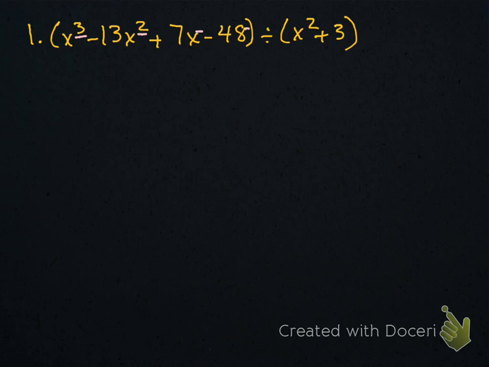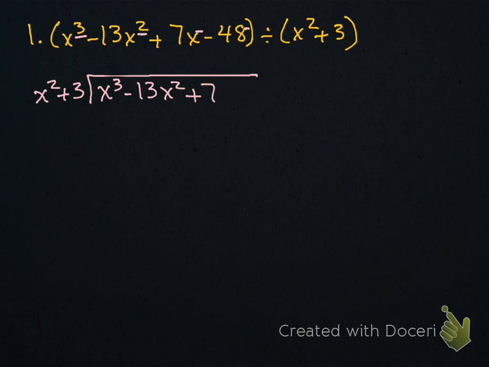Okay, we're doing long division. I'm going to write my divisor on the outside, x squared plus 3 divided into x cubed minus 13x squared plus 7x minus 48. All right, I'm going to work with the first terms.